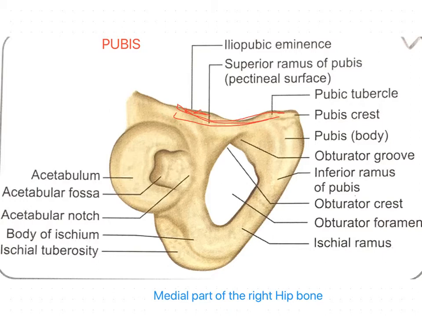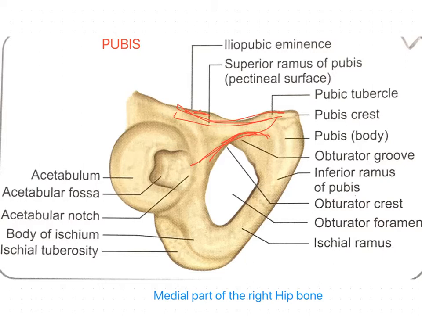Next, the anterior border is called the obturator crest. It is a rounded ridge extending from the pubic tubercle to the acetabular notch.